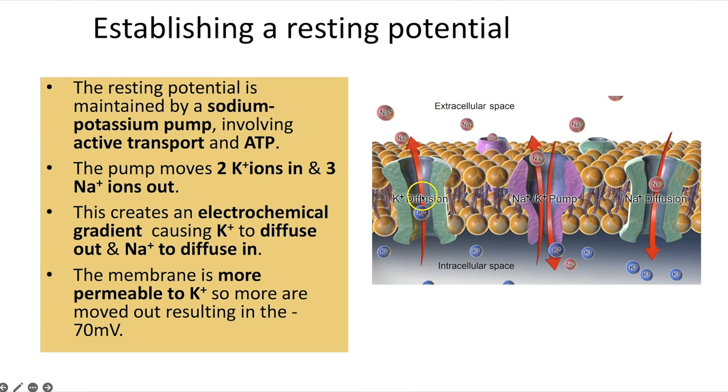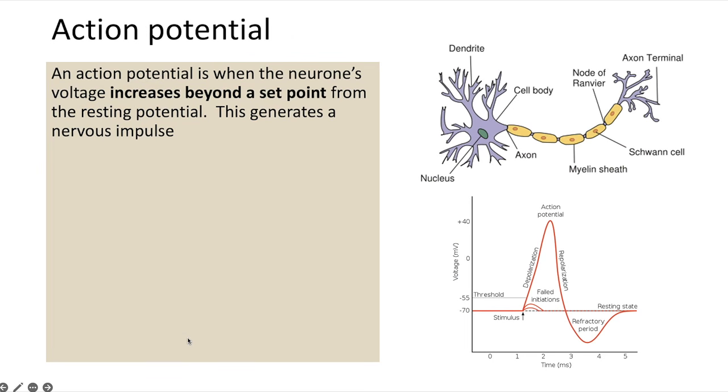Also, the potassium ion channels are permanently open, and some of the sodium ion channels are not permanently open. So as a result, you get more potassium ions diffusing out than you do sodium ions diffusing in. And as a result, you have more positive ions outside compared to inside. And that is how we get this minus 70 millivolts, or the resting potential.